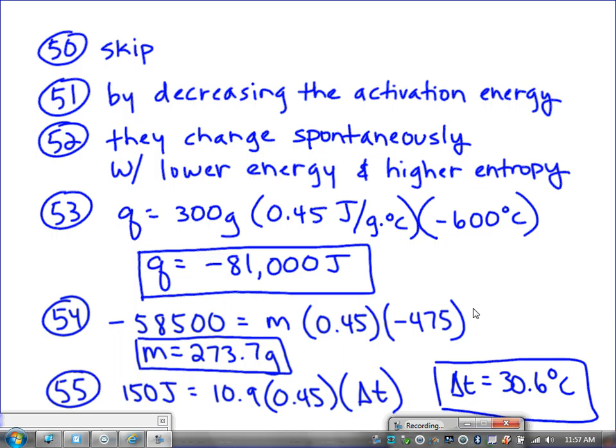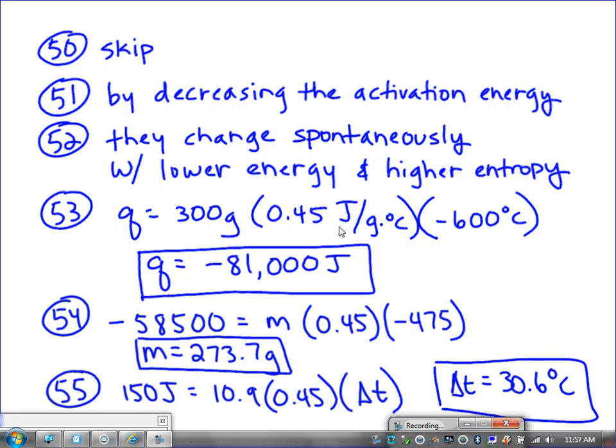53, we've been working with this recently. Q equals mass times specific heat times delta T. And you just plug the values in and you get negative 81,000 joules. For number 54, again, we use the Q equals mass times specific heat times delta T, and we get this value. The value for specific heat in question number 54 wasn't given to you.